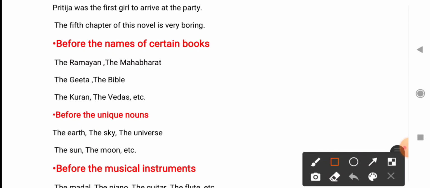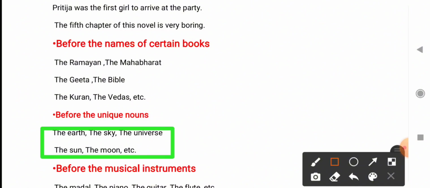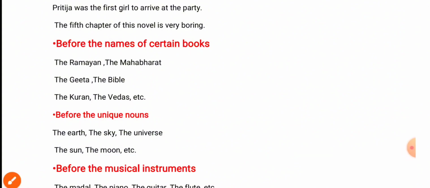For example, the earth, the sky, the universe, the sun, the moon, etc. Before these names, we use the article.